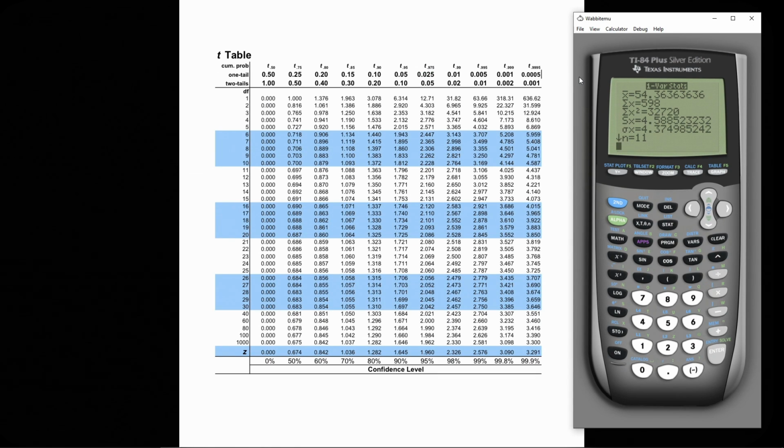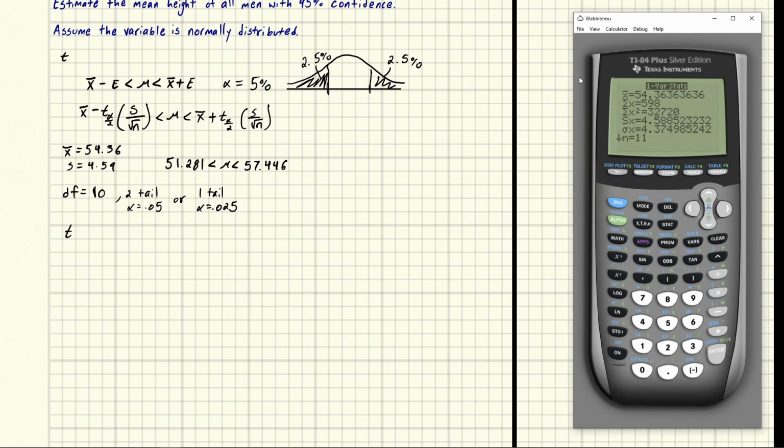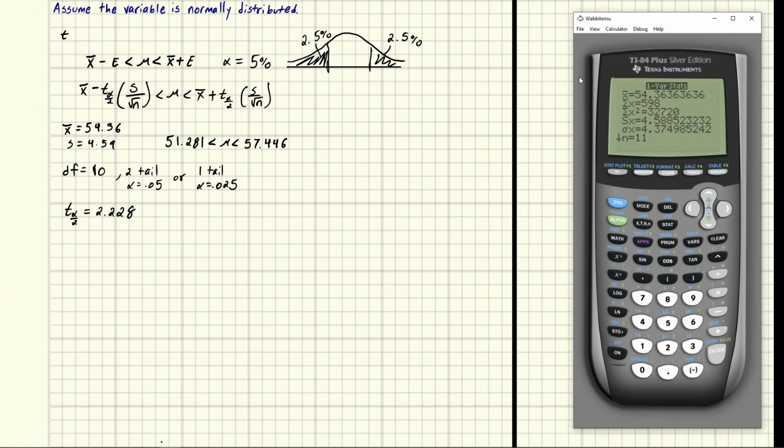So let's go back to our problem here, and we say that t of alpha over 2 is equal to 2.228. So now we can plug all this stuff in. So our x bar is 54.36. I'm just plugging it into the formula we have. And then we're going to type minus and then 2.228 for alpha over 2 times s.